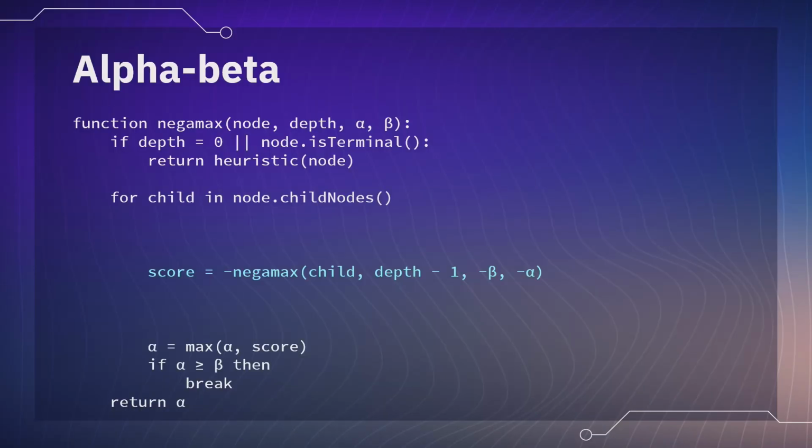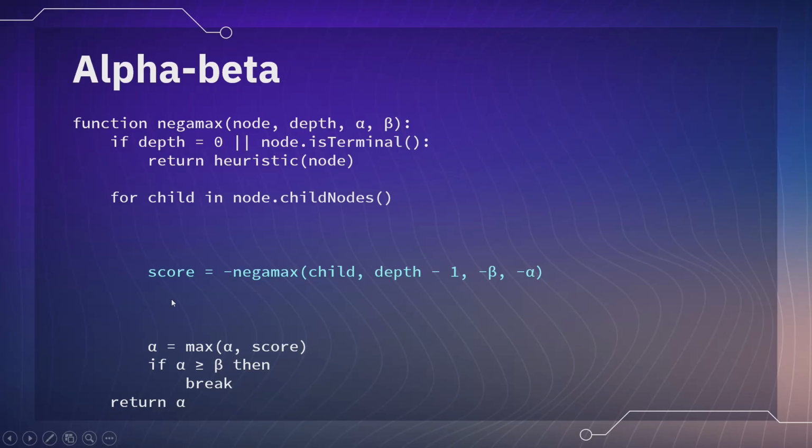Okay, so let's review how alpha beta pruning works in pseudocode. So we have negamax combined with alpha beta pruning. When depth equals 0 or when the node is terminal, we're going to use some heuristic to give the value of how good the node is. Otherwise, I'm going to loop over all the children.